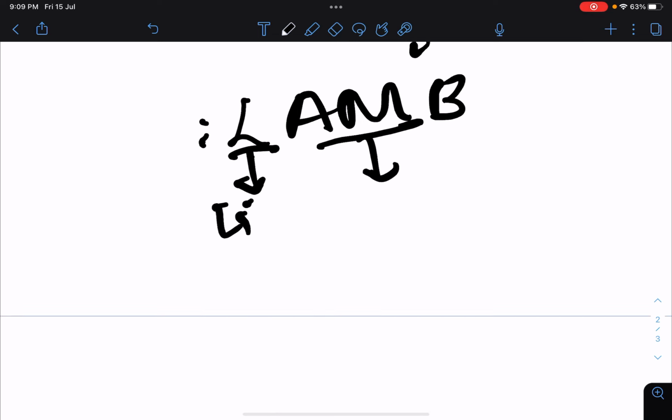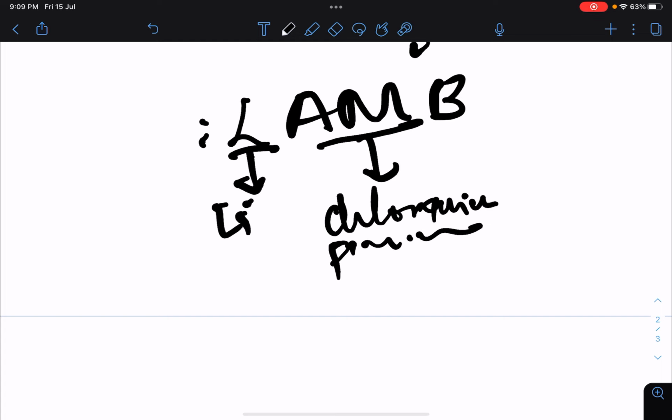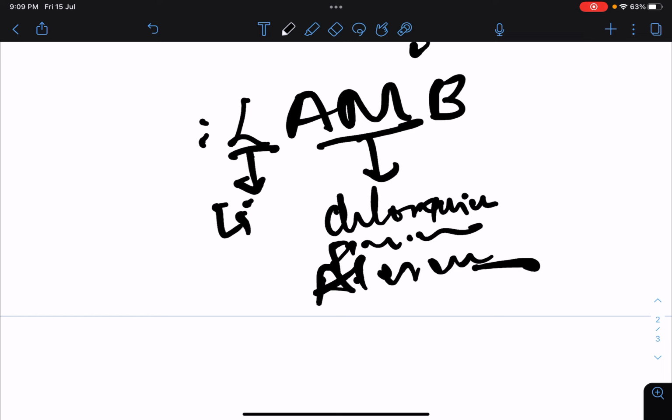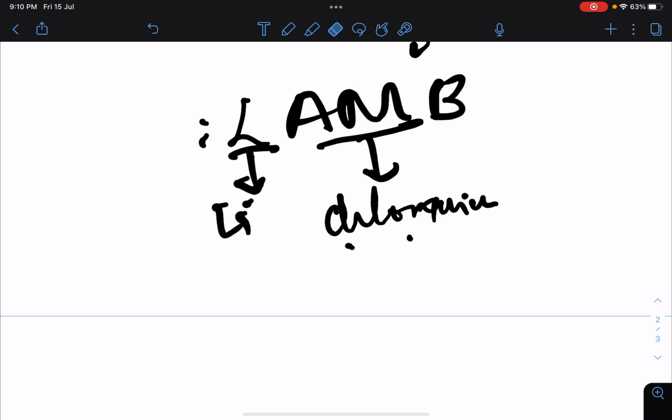A is for antimalarials, so it could be chloroquine, primaquine. Sorry, not atorvastatin, my bad, but obviously chloroquine, primaquine, stuff like that.